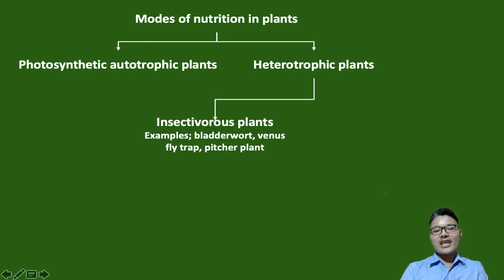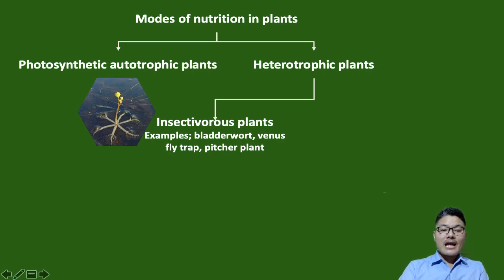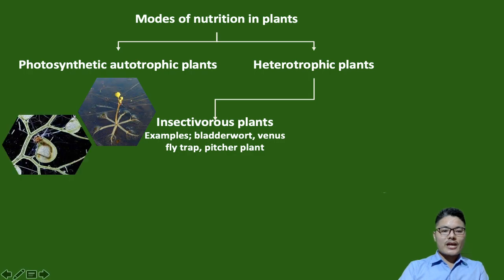So plants feeding on insects are known as insectivorous plants. For example, we have bladderwort. Bladderworts are growing in water bodies. So they are aquatic plants, and in the root system of bladderwort, you may observe a bladder-like structure, tiny bulbous structure, which helps in feeding of insects.